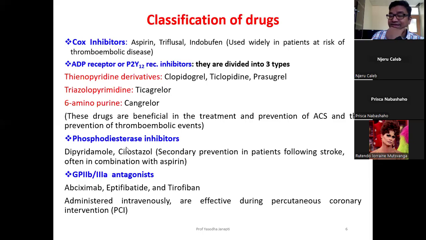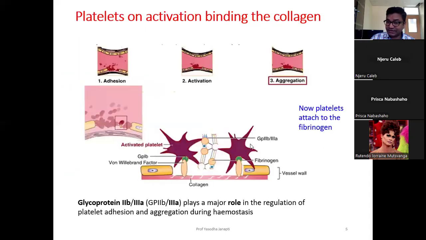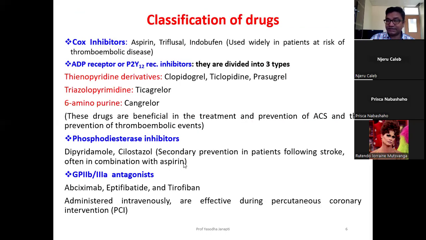Then the last drugs, you see, these are very promising now. What is that? GP2B3A antagonists. So that is what we are blocking. So these are the classes of drugs which play a very important role.